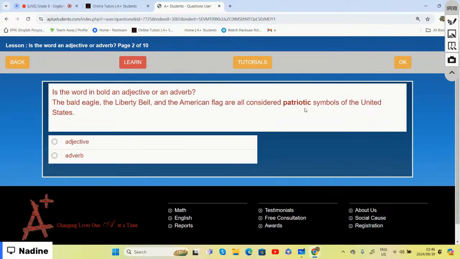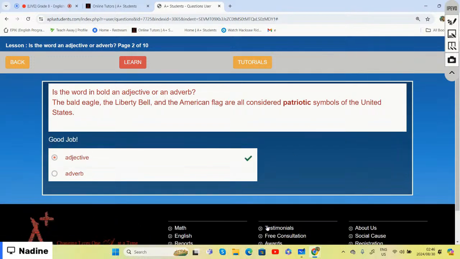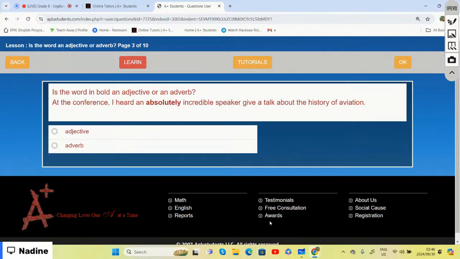And if we were to choose the correct answer, then yes, we would say that patriotic is an adjective. So well done, adjective is correct.